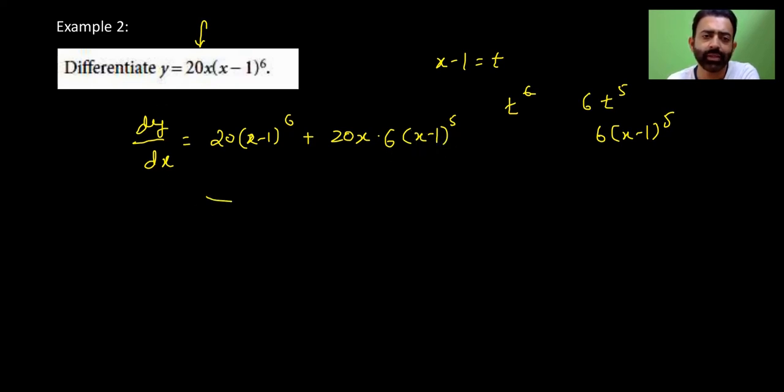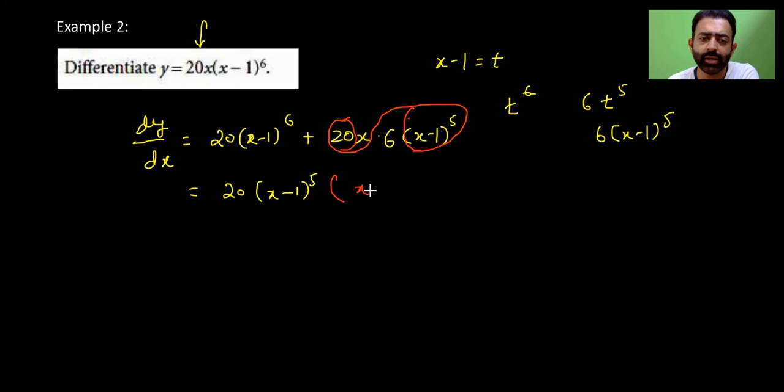Now you can simplify this. You can take out the common factor 20 multiplied by x minus 1 raised to power 5. In this term I can see 20x and x minus 1 raised to power 5; the common part is not 20x, it is just 20. This 20 and x minus 1 raised to power 5 is in both the terms, so I can take this outside.